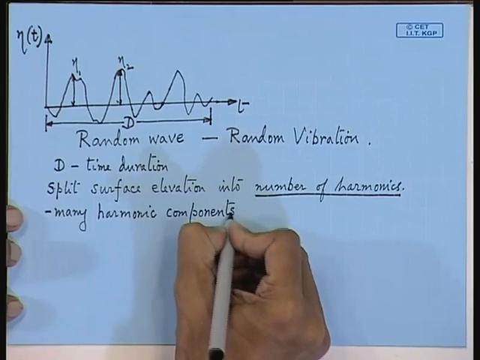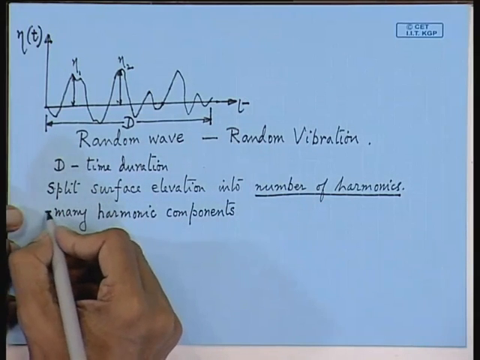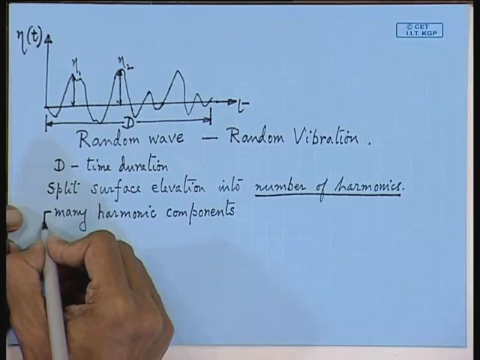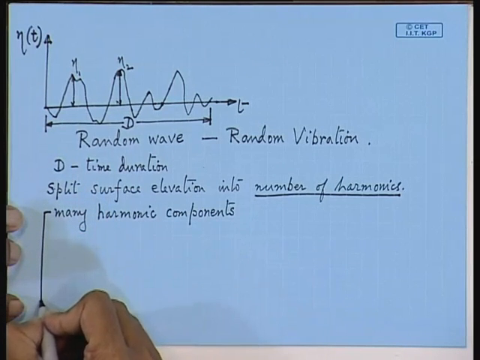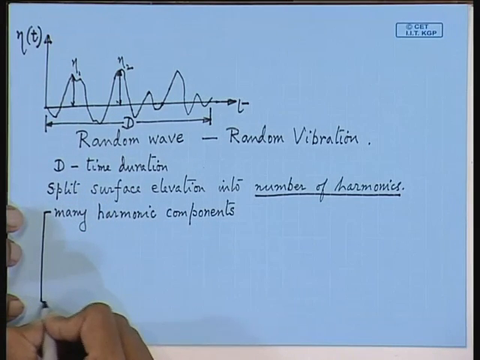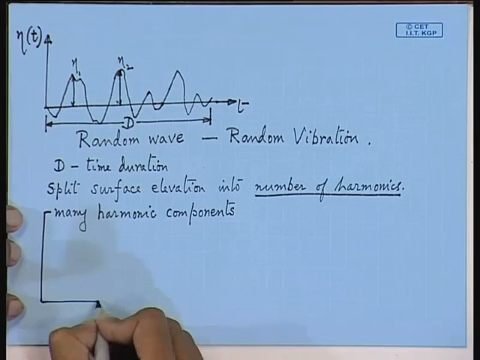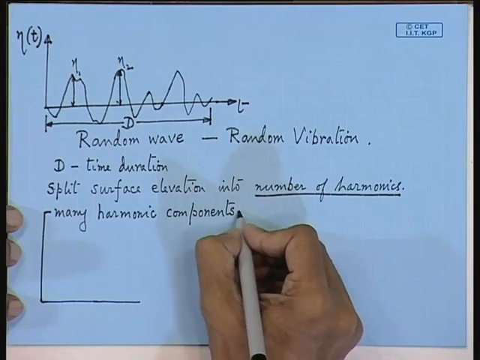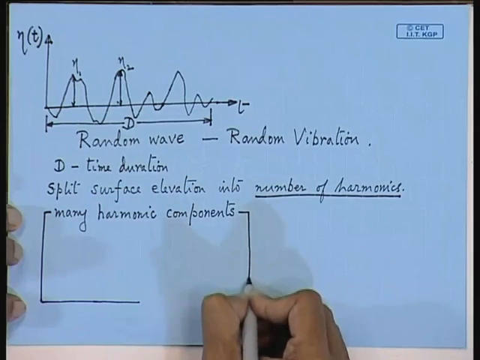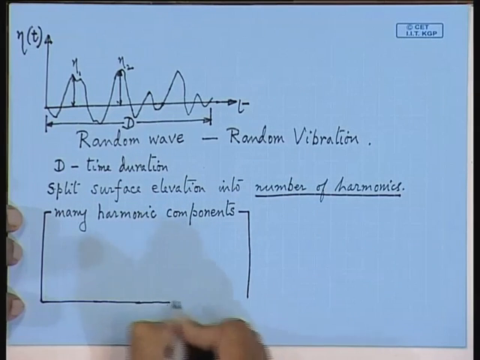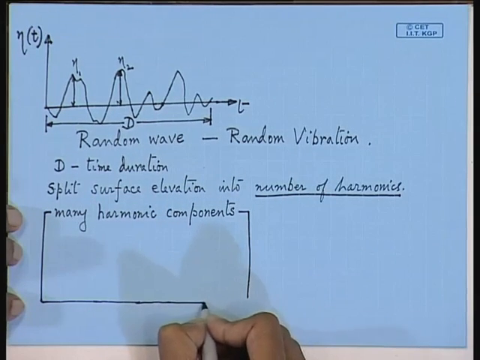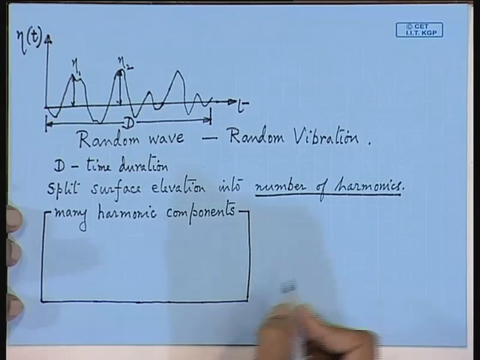So, our main intention is to get information from this kind of a random signal. So, waves, if you study, actually you are studying signal processing. You have to do a lot of signal processing in order to get the required information.